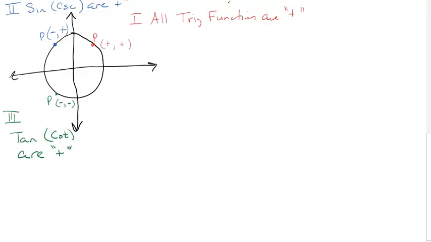And then you can clearly see then that in quadrant 4, which is going to be positive x, negative y's, that leaves us with cosine and its reciprocal, of course, secant, are positive.